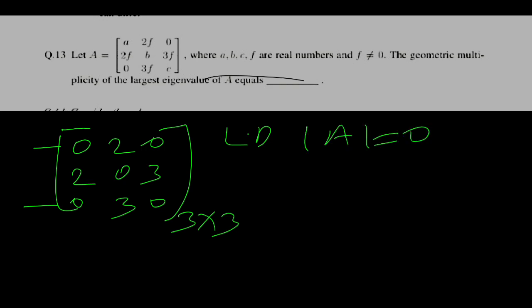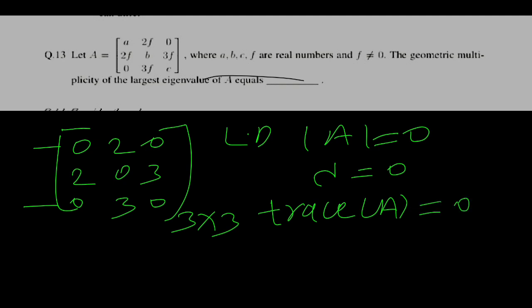So one eigenvalue is lambda equal to 0, and the trace of A is also 0. We know that the sum of eigenvalues equals the trace.